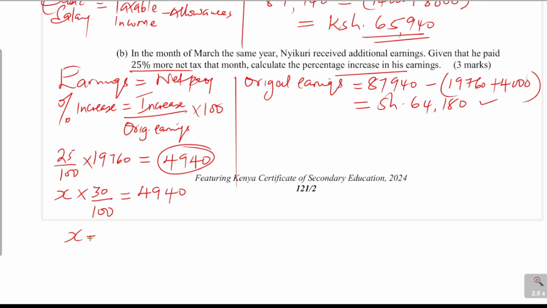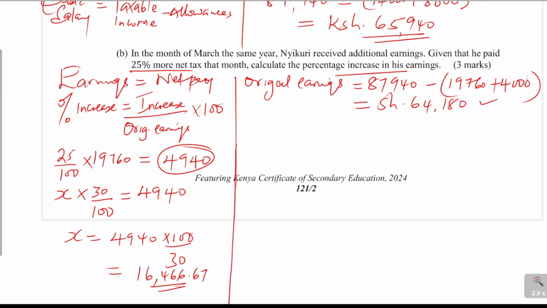So X will be 4,940, making X the subject, times 100 divided by 30. And when you multiply this, you're going to get 16,466.67. So this was the increase in the income.